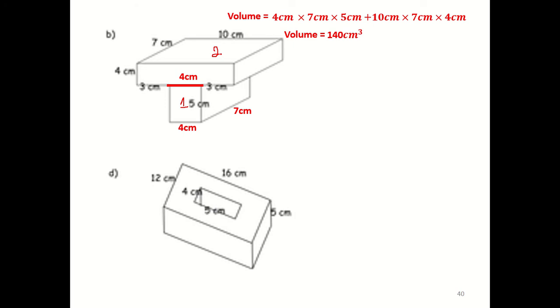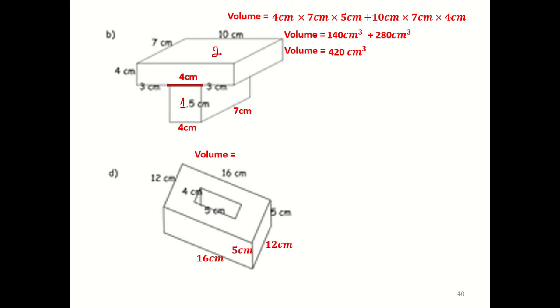Now the bottom one, it's still a rectangular prism, but you need to note something happened in this rectangular prism. They took the middle part out. So you're going to first start by calculating the volume of the whole prism, by calculating the area of the whole prism, which is 16 times 12 centimeters.